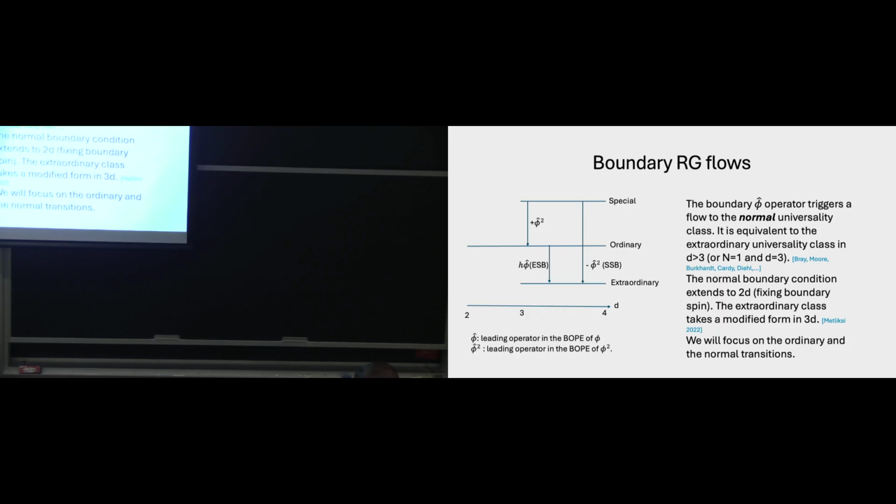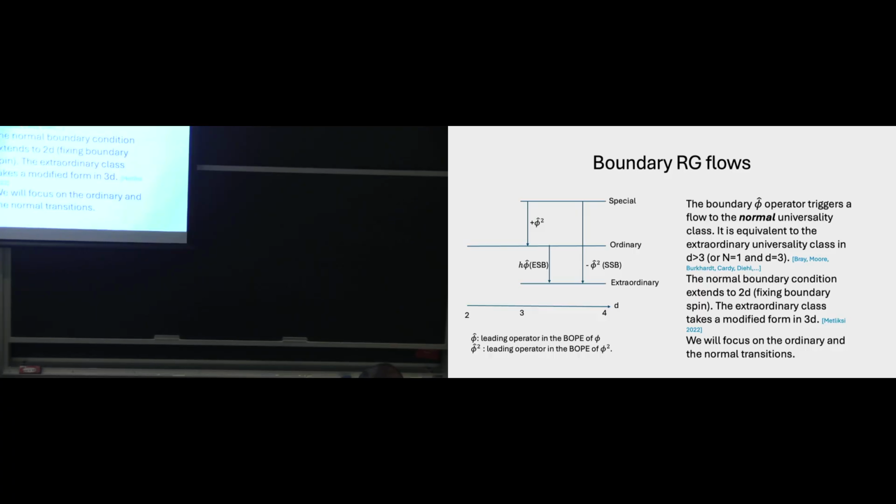And the normal boundary condition extends to 2D. In 2D, it corresponds to fixing. For example, when n equals 1, it corresponds to fixing the boundary spin of Ising.